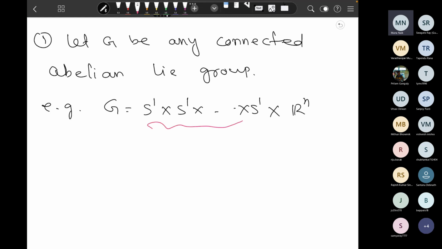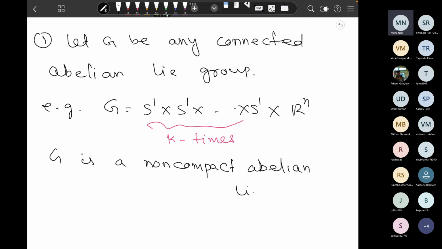So this G is abelian, a non-compact abelian group.